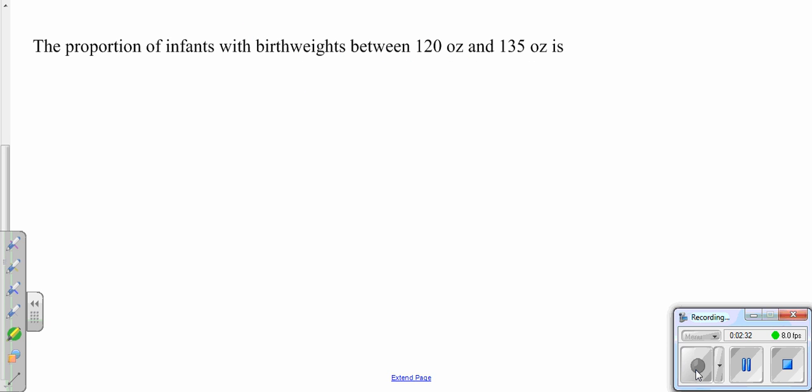So I need to figure out the z-score for my 120. I need to figure out the z-score for my 135. Find both of those in my tables in the back of the book, and then subtract the two numbers I get from the middle of my table in the back of the book. So I'll go my 120 minus my mean over my standard deviation.